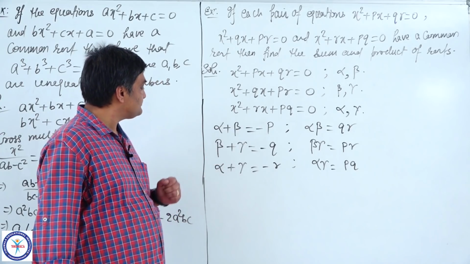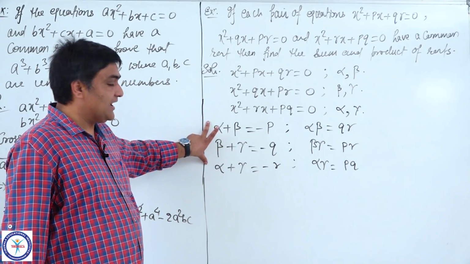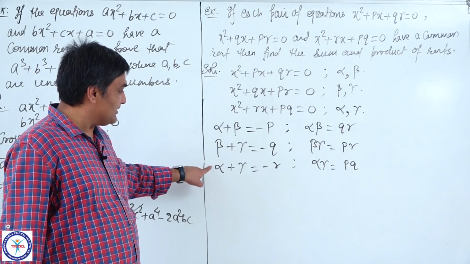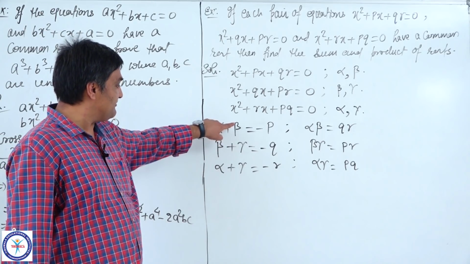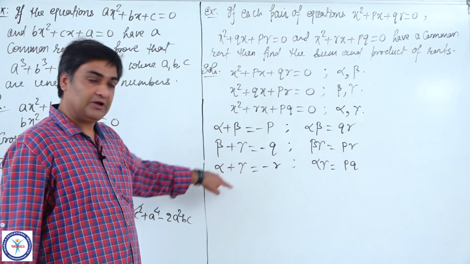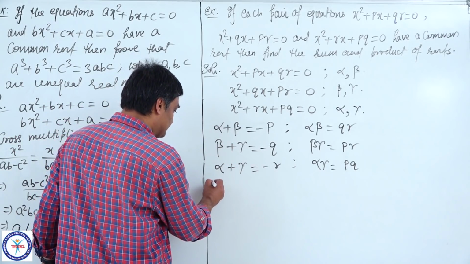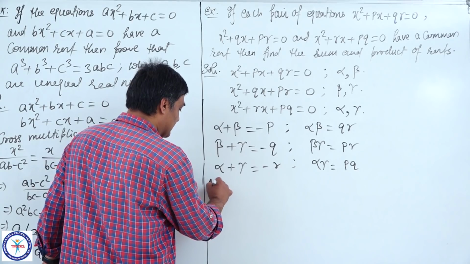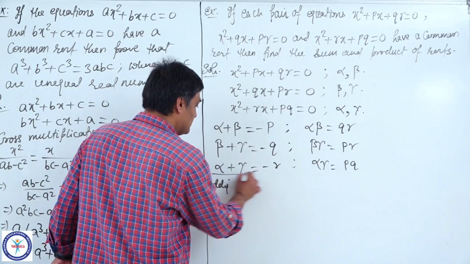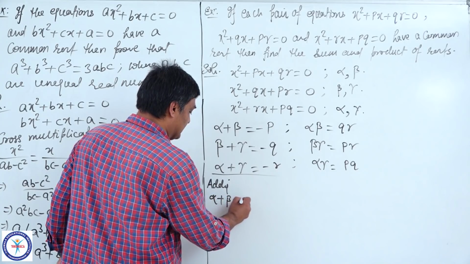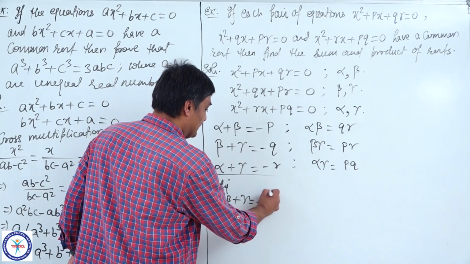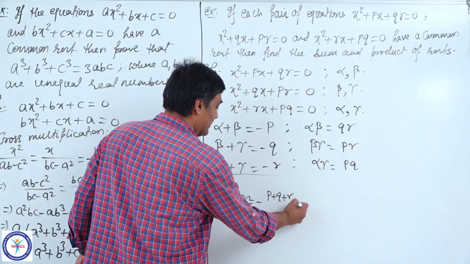Now, if we add these three, then each will occur 2 times, meaning alpha 2 times, beta 2 times, gamma 2 times. So adding, alpha plus beta plus gamma is minus p plus q plus r by 2.